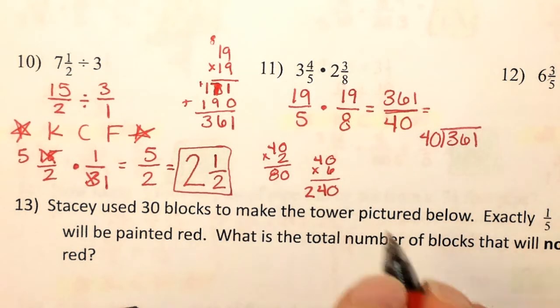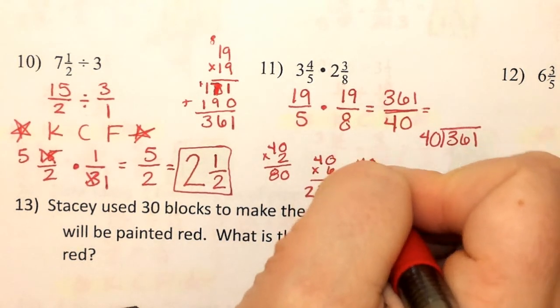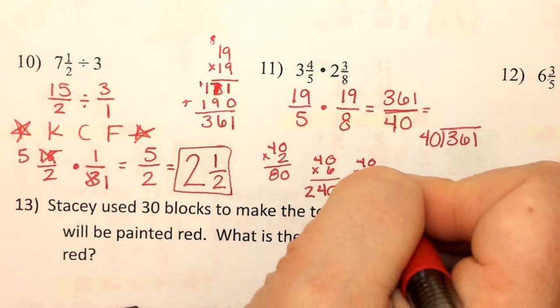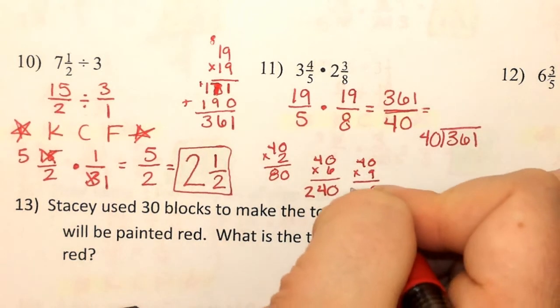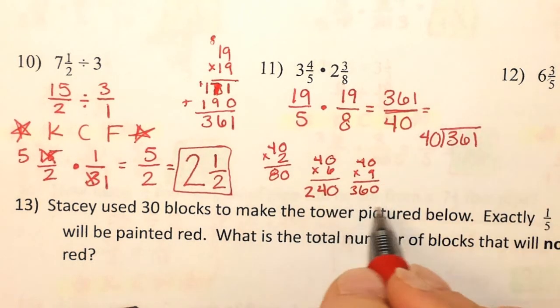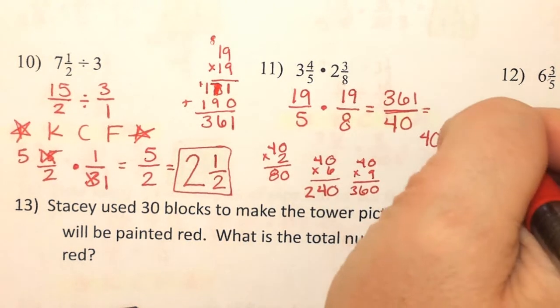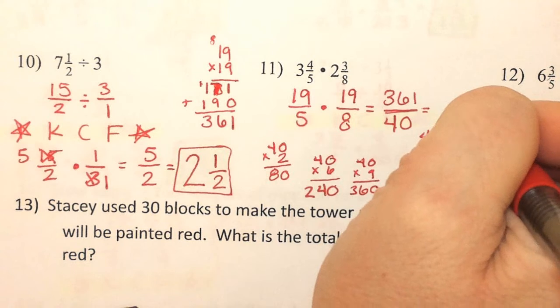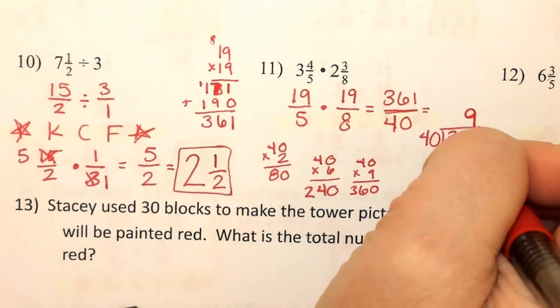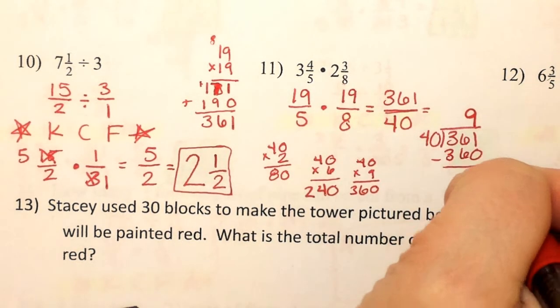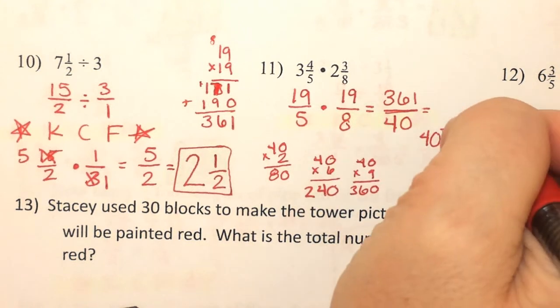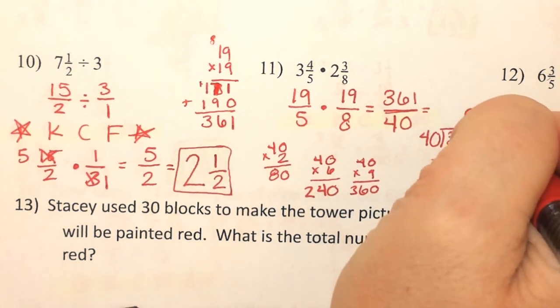Frank? 9. So 40 times 9, 9 times 0 is 0. 9 times 4 is? Oh, 360. That's pretty much as close as I can get, isn't it? So I'm going to put a 9 on top. 9 times 40 was 360. How many are left over? 1.